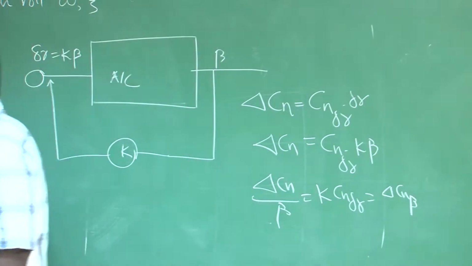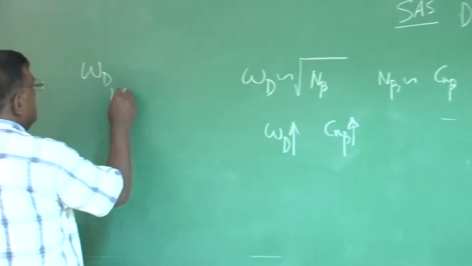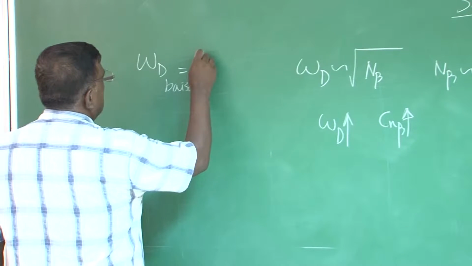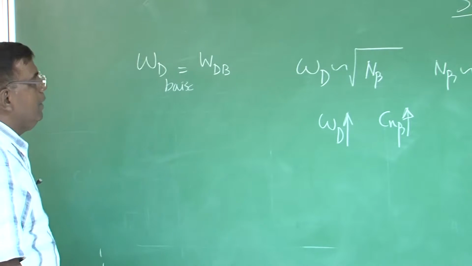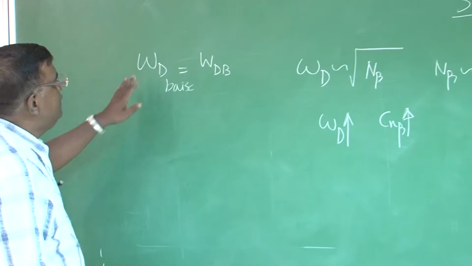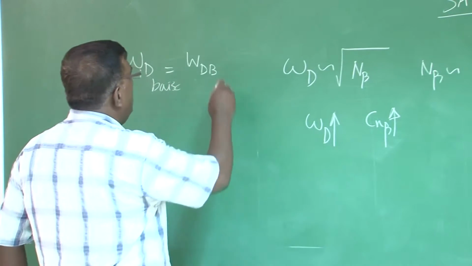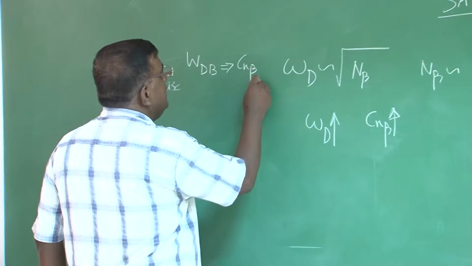So let us come back again here. Suppose I have got Dutch roll frequency basic. I had, let's say, omega d basic. Now, with this basic, whatever the airplane has, we found the corresponding Cn beta was Cn beta basic.